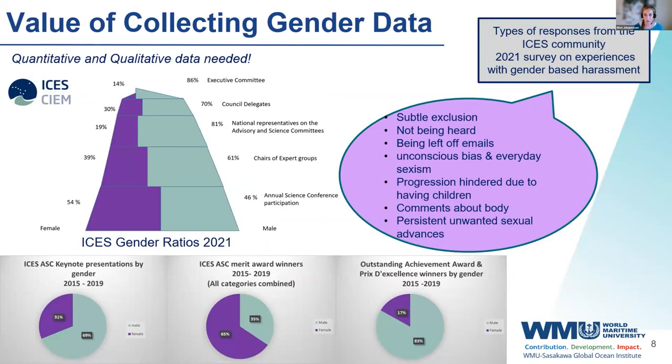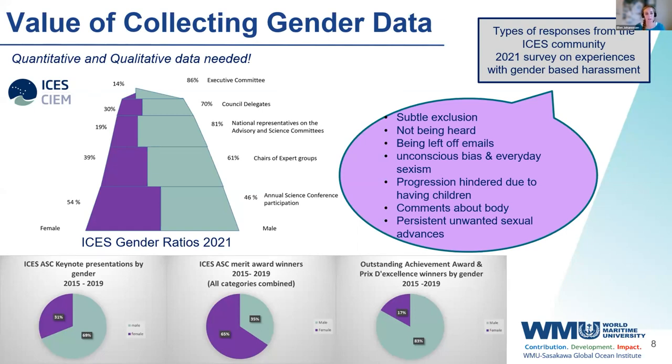It's really important to collect gender disaggregated data for monitoring. All kinds of scientists understand the importance of counting things, but it's not just about who's there. It also has to be about qualitative data, so it's important to have both. Here on the screen, my pyramid uses our conference participation, where we do collect gender disaggregated data, as a proxy for our community overall.